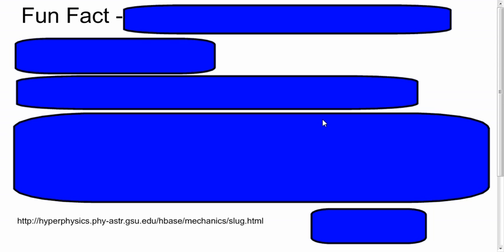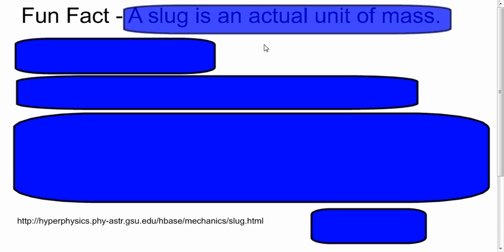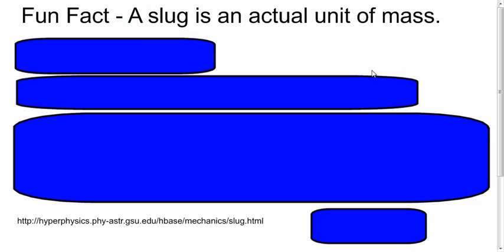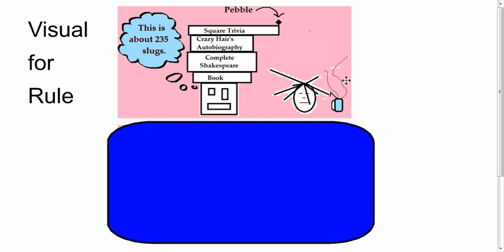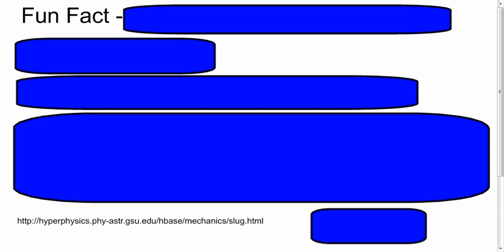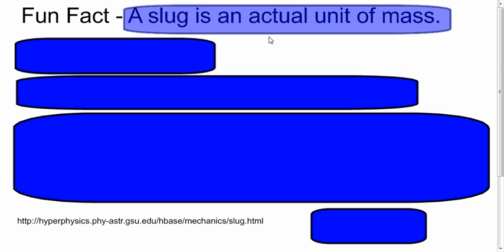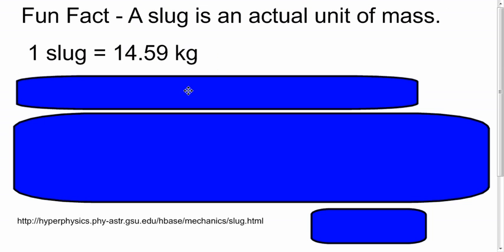Now, a fun fact. In this scenario, a slug is an actual measurement. In this, where he's talking about 235 slugs, that's an actual measurement. One slug is 14.59 kilograms.